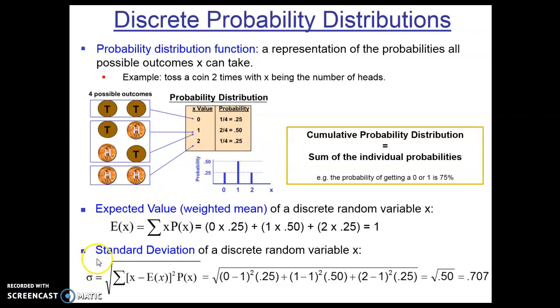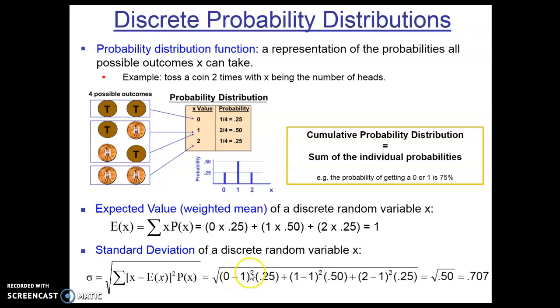To get the standard deviation, we follow this formula. Sigma, which is our symbol for standard deviation, is the square root of the sum of each of our discrete values minus the expected value. We square that and then multiply it by the probability of that x value occurring. For example, we have x value 0. We subtract from that our expected value, 1, which gives us -1.